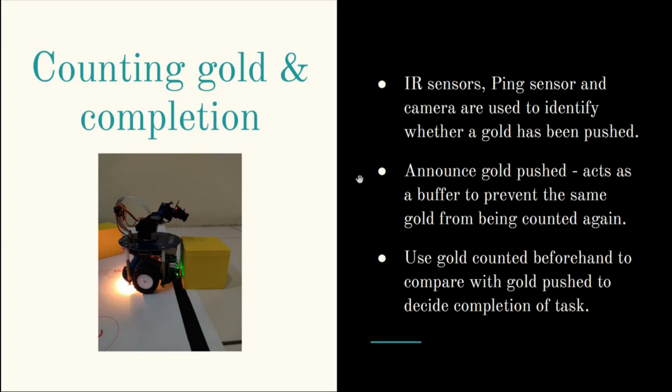And then after that, I will announce the number of goals pushed. It acts as a buffer to prevent the same goal from being counted again. There is an extra feature which I will explain later that counts the goal beforehand. So this can be used to compare with the current number of goals being pushed to decide the completion of the task.